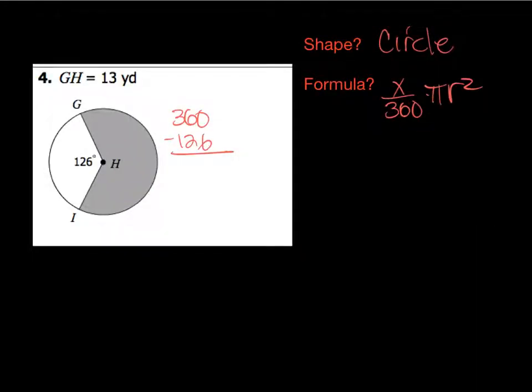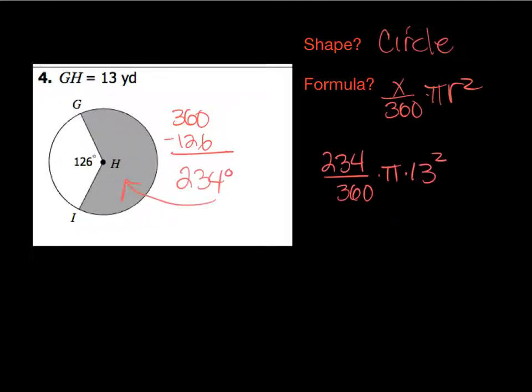All right, so for this particular one, the shape is a circle. The formula is x over 360 times pi r squared, because it's definitely not the whole circle, it's a part of the circle, but we got to be careful because the shaded region is not the part that's 126 degrees. So we're going to have to subtract 126 from 360.